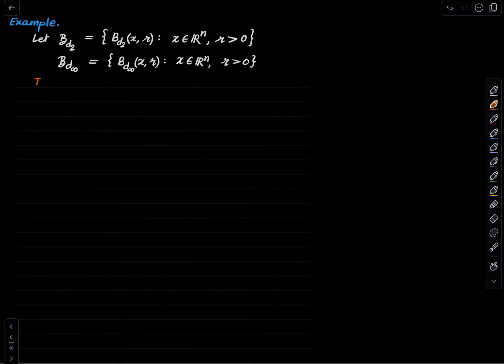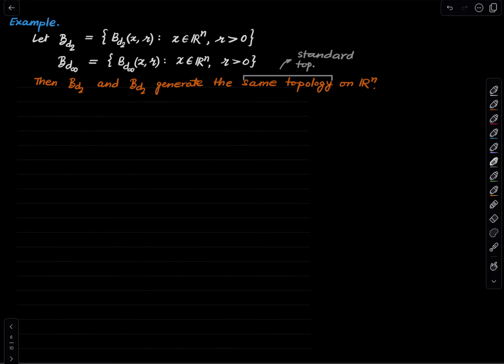Then this set and that set generate the same topology on Rn. And this topology is called the standard topology. So this common topology that they generate, this is the standard topology on Rn.